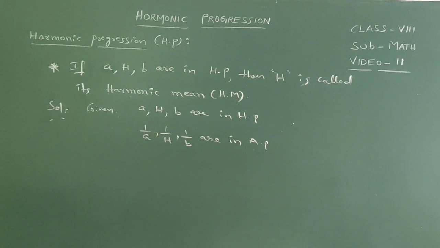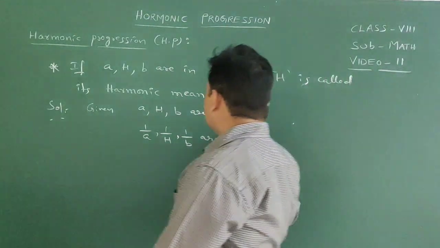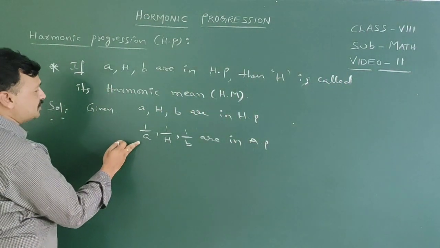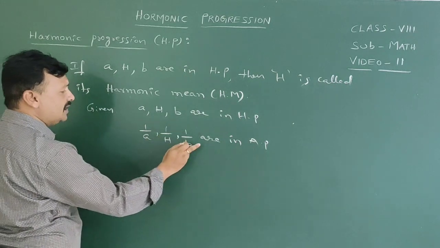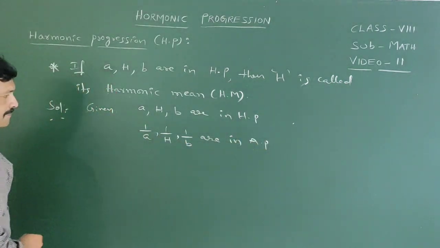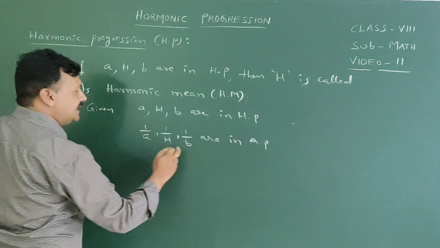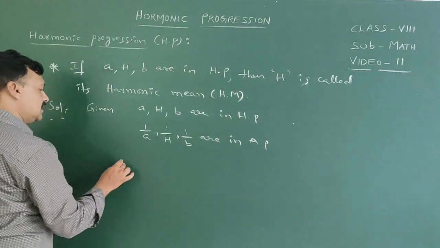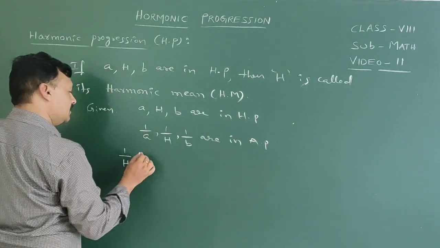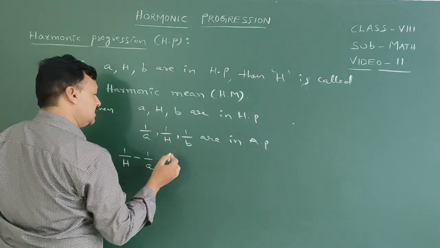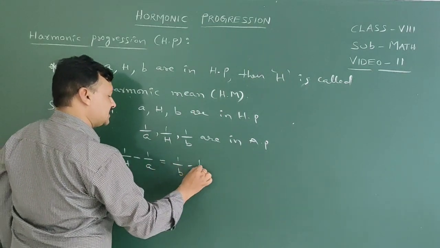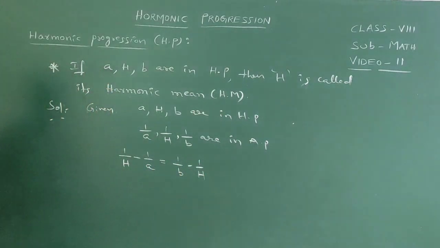We know that the difference of the first two is equal to the difference of the next two. Hence they have a common difference.